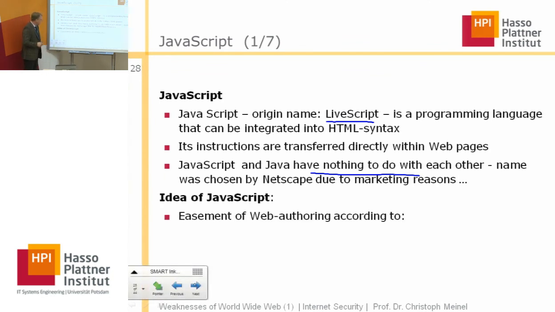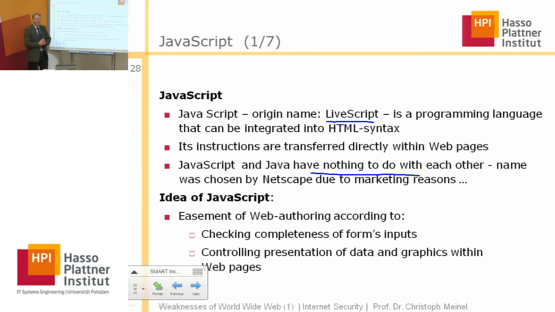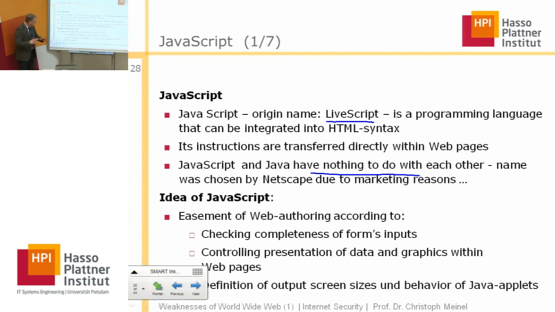The idea of JavaScript is that it should become easy for a web author to check the completeness of a form's input, to control the presentation of data and the graphics within a web page so that they look very nice.